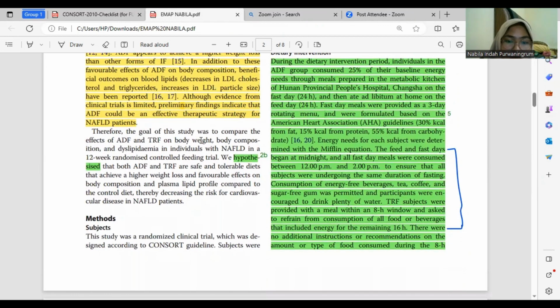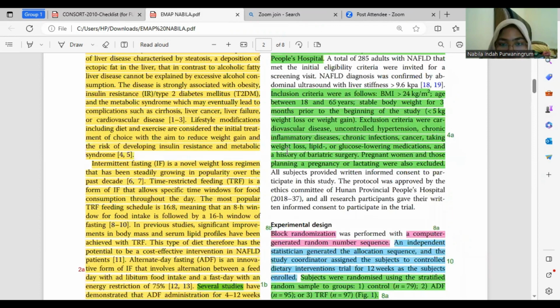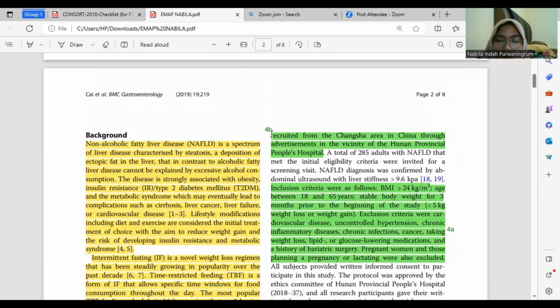In this sentence, the patients are recruited from the Changsha area, China, like Provincial People's Hospital, etc. That is something stating where the research is being held.